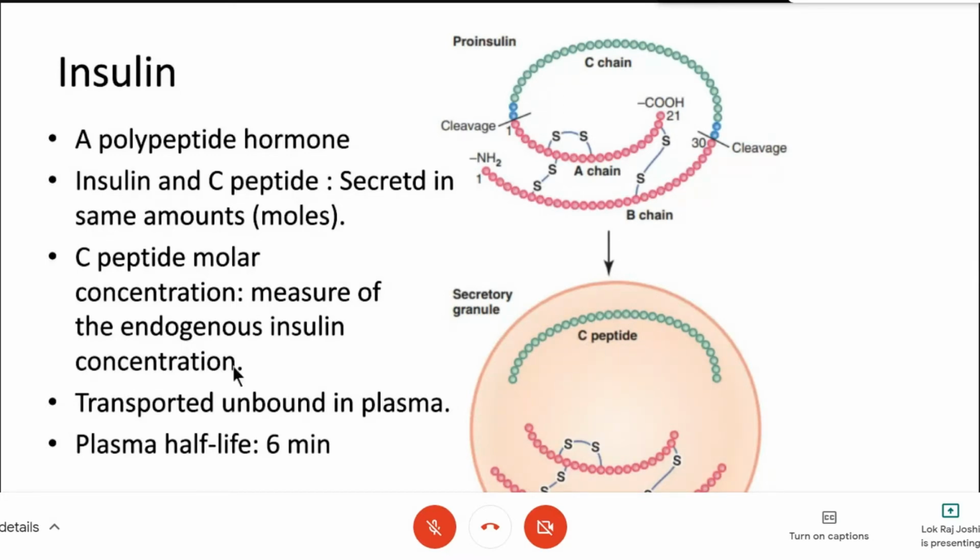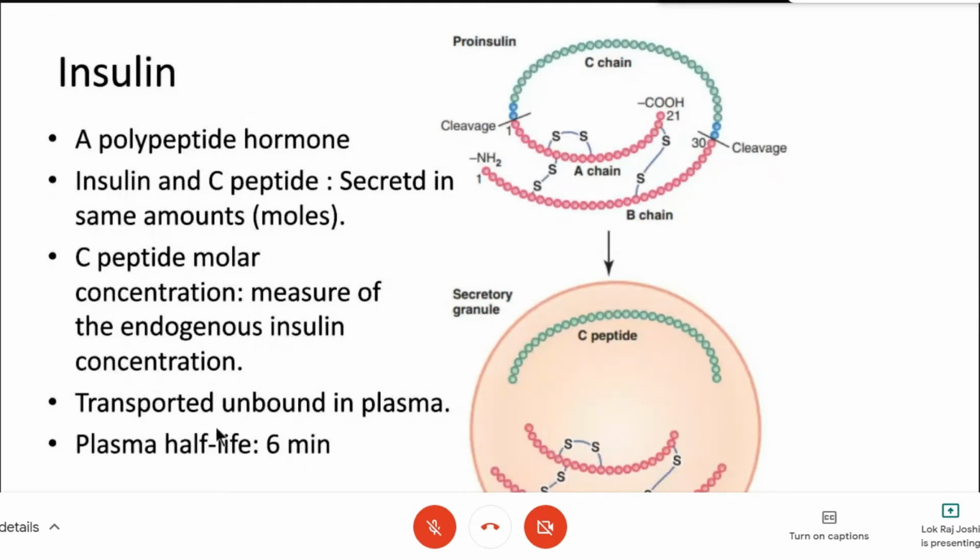And its advantage: when we treat someone with exogenous insulin, we may not have an idea how much the person is actually secreting on his or her own. Therefore, to assess endogenous insulin secretion, we can measure C peptide, and that will be an indicator of the endogenous insulin secretion of the person.